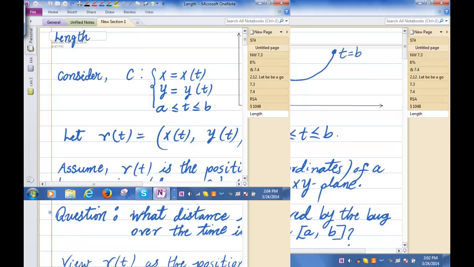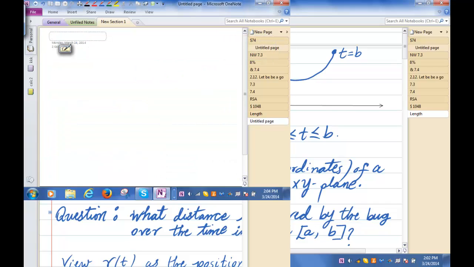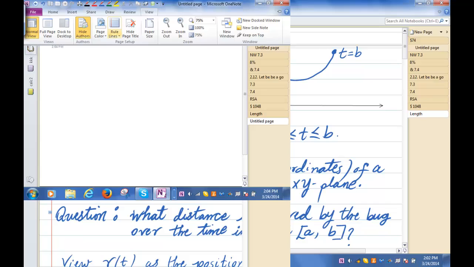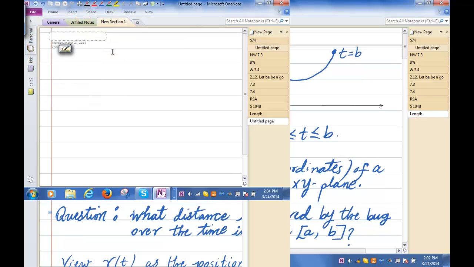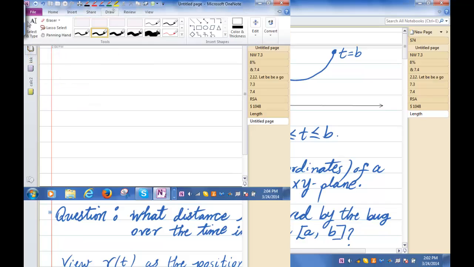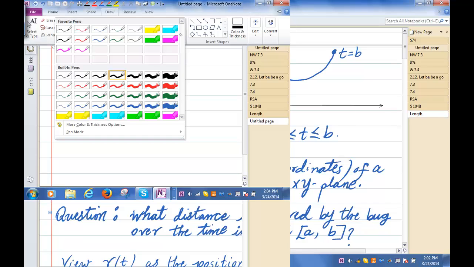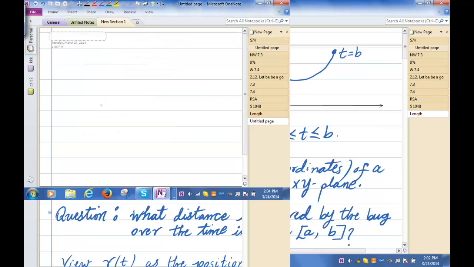Okay, so let me see. Okay, so we are still in section 10.2, yes.